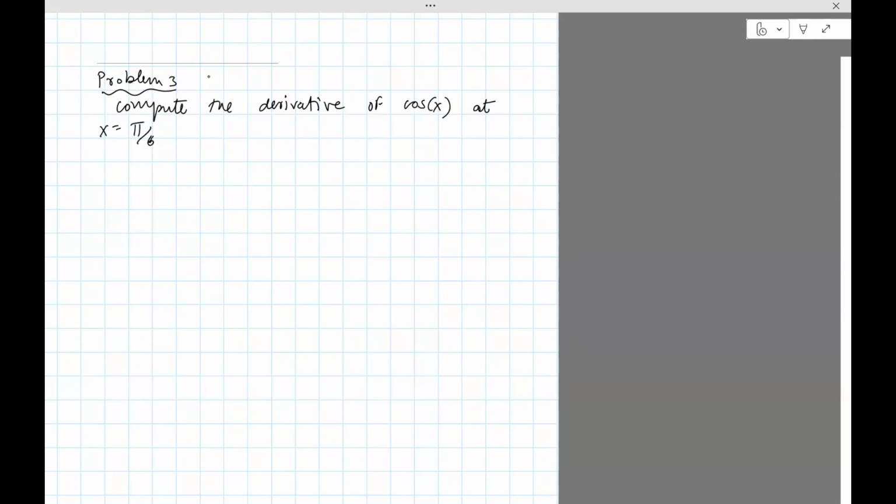That's 30 degrees. Use a, forward difference; I'm just going to put a short form for the difference approximation; b, backward difference; and c, central difference.